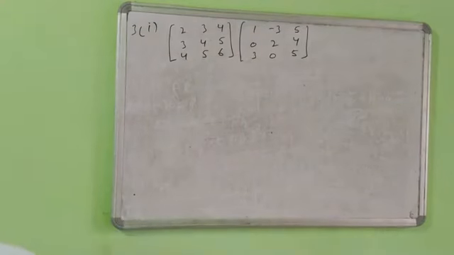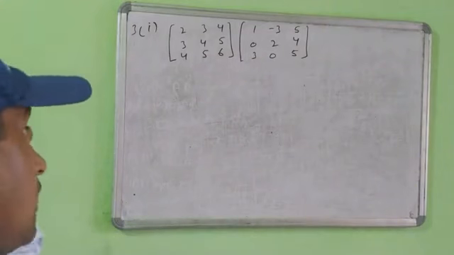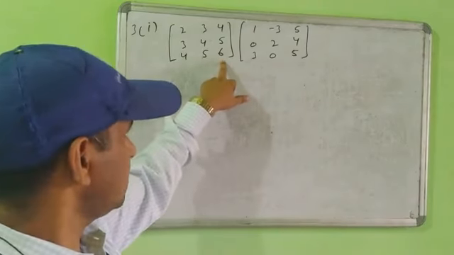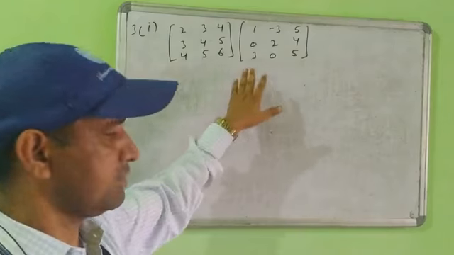Now look here, how to multiply a 3 into 3 order matrix. Now you check here, 3 into 3 order with the same 3 into 3 order, the multiplication is possible.